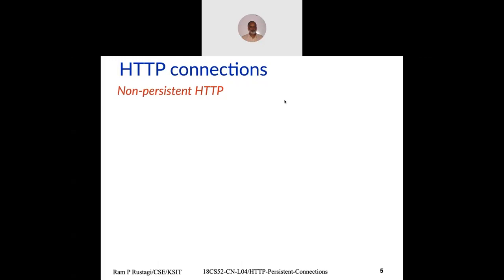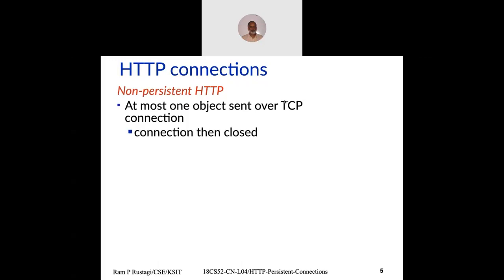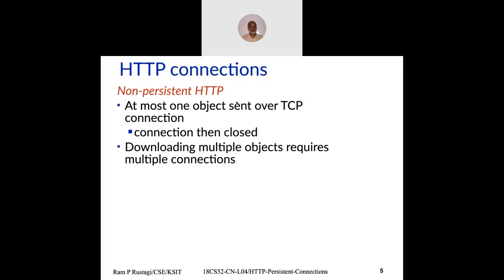Either it can keep the TCP connection on, or it can close the connection. In HTTP 1.0, it will close the connection, and that means for each web page you access, you set up a new TCP connection. That is what is called non-persistent HTTP connections. You set up a TCP connection, make a request, get the response, and the connection is closed.